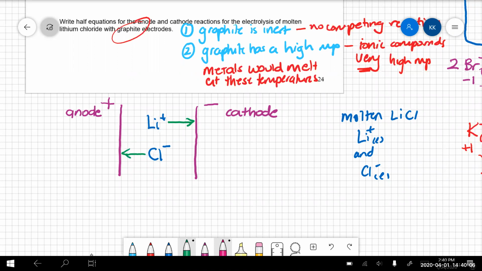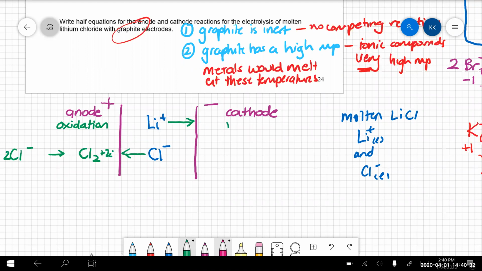So over here at the anode, we're going to have chloride ions, and remember, we have oxidation. Our chloride ion is going to be oxidized, and the product is always the corresponding element. So 2Cl- goes to Cl2 plus 2e-.